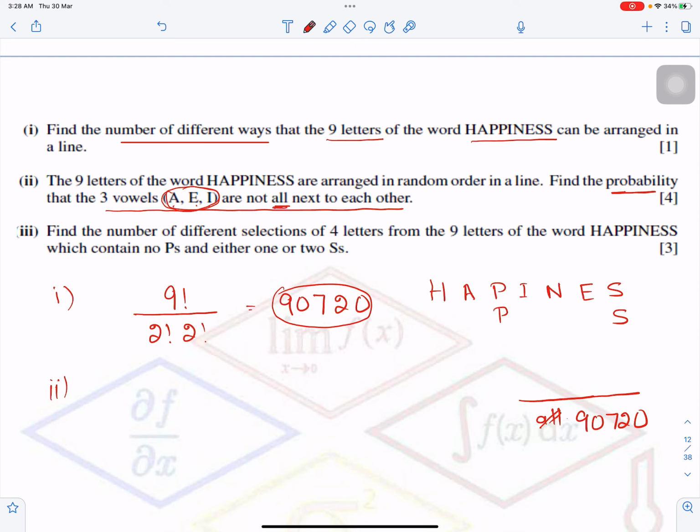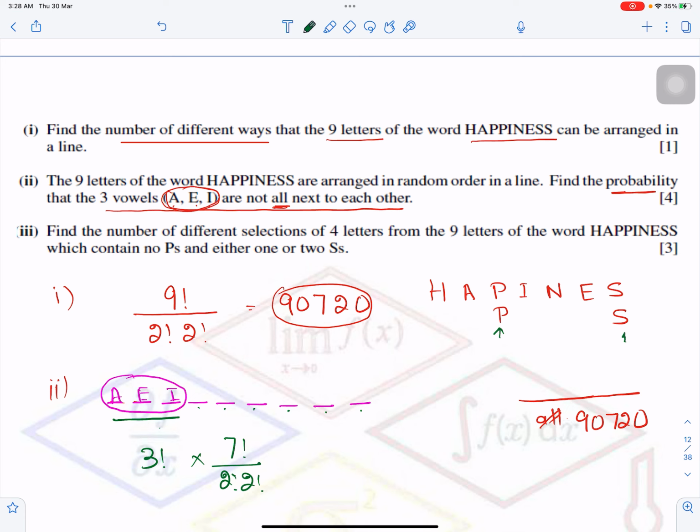So this block will actually act as one blank now, because it will always be together. So now how many blanks do I have? 1, 2, 3, 4, 5, 6, 7. So it means 7 factorial, divided by, again there are 2 P's and 2 S's, 2 factorial times 2 factorial, multiplied by 3 factorial. Do you know why this 3 factorial is here?